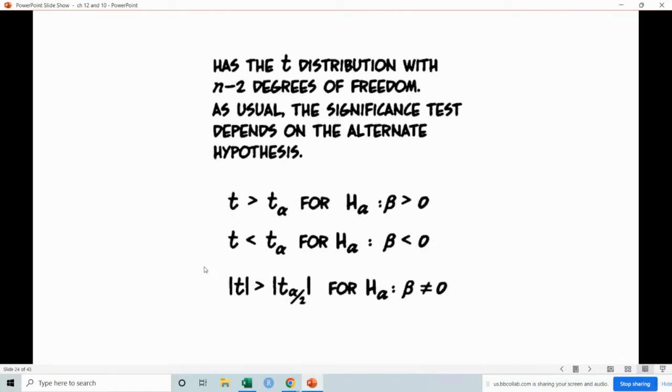It has the t-distribution with n minus 2 degrees of freedom. As usual, the significance test depends on the alternate hypothesis. If we're looking at a right-tailed test, beta would be greater than 0. Left-tailed test, beta would be less than 0. And there's also beta does not equal 0, which would be a two-tailed test.